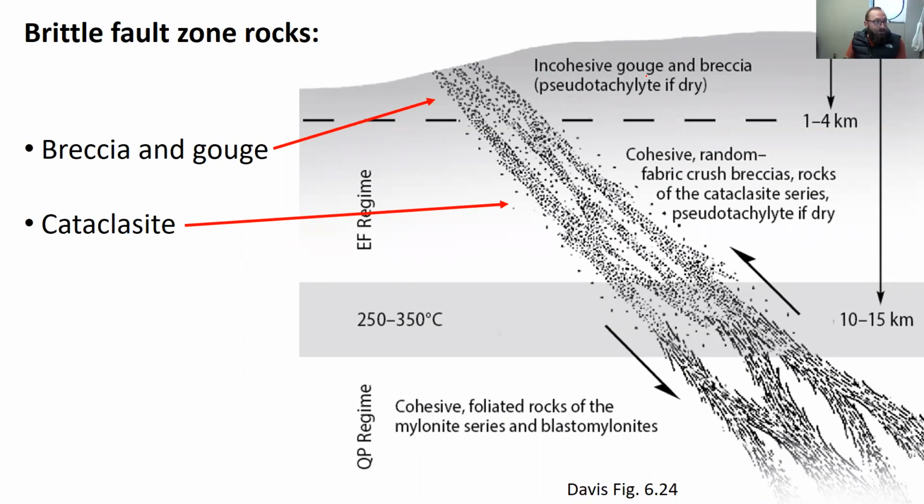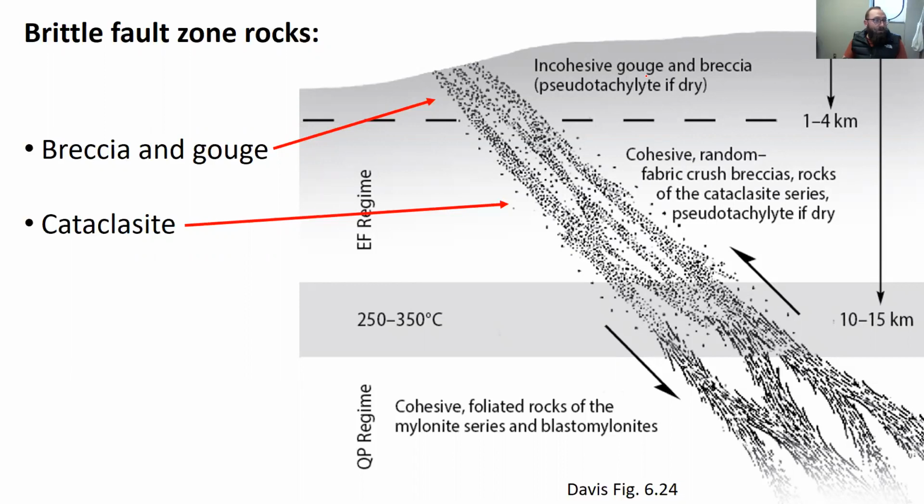Okay, so during frictional movement along a fault or within a fault zone, rock may be transformed into a variety of what we call brittle fault rocks, most notably breccias. And so you know from your GO 101 understanding of different types of rocks, a breccia is a rock with angular clasts in it.